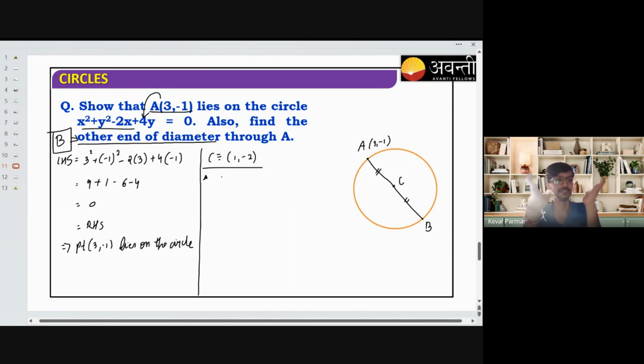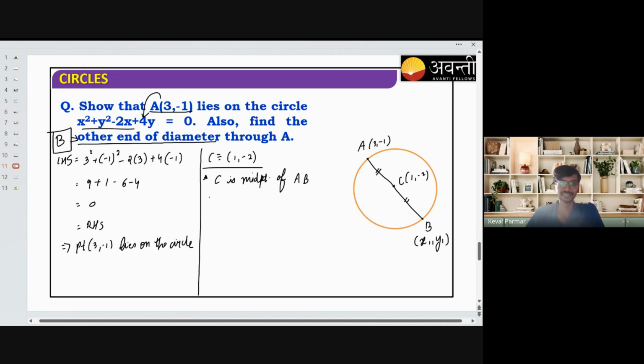AB is diameter. And we know that the center bisects the diameter. That means we can say C is midpoint of AB. So the coordinates of C are (1, -2). And let's say the coordinates of B are (x1, y1).